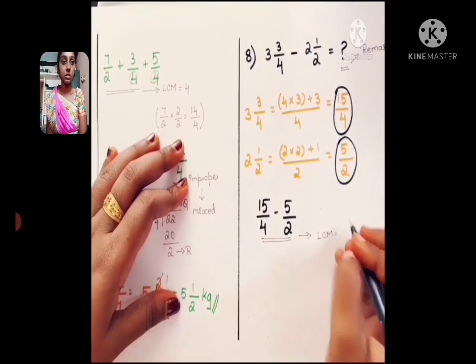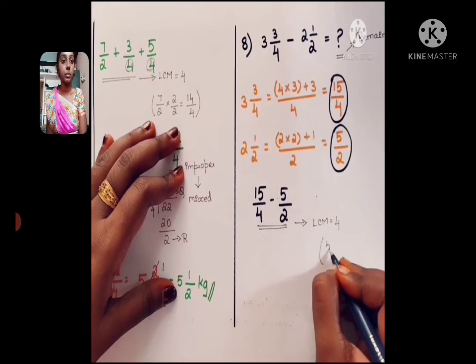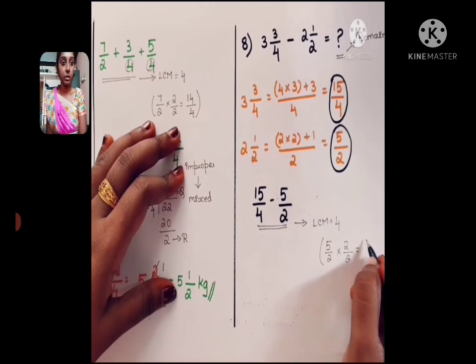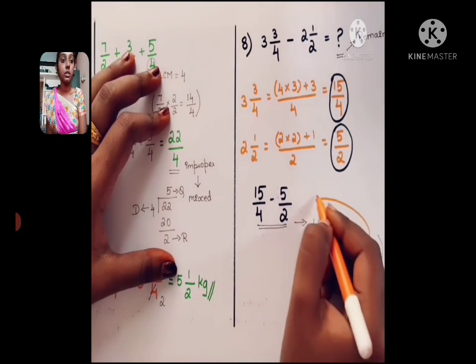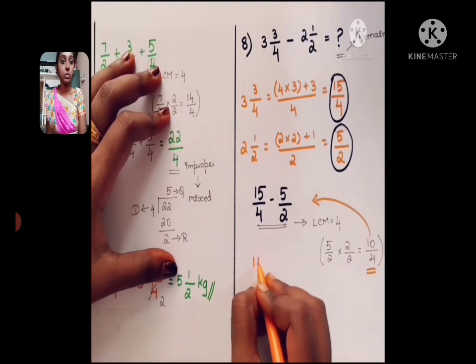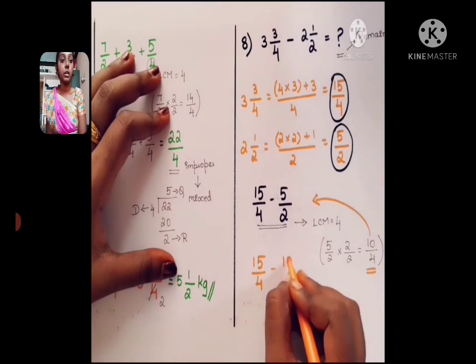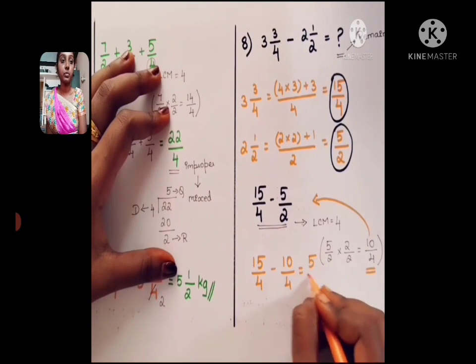The LCM of these two fractions is 4. Finding an equivalent fraction for 5 by 2, we get 10 by 4. Replacing this equivalent fraction, we get 15 by 4 minus 10 by 4, which will give us 5 by 4.